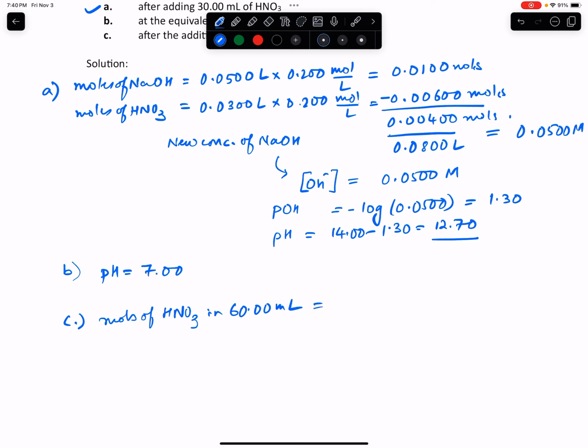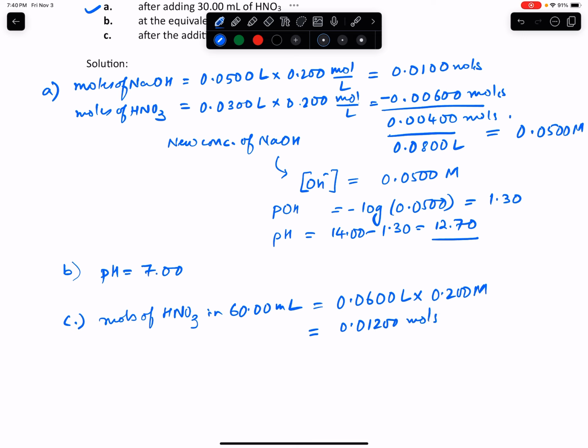That is equal to 0.0600 liters times 0.200 molar, which is equal to 0.0120 moles.